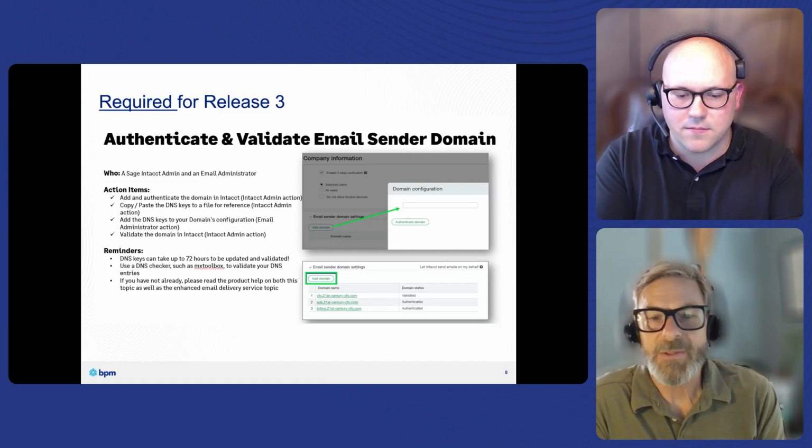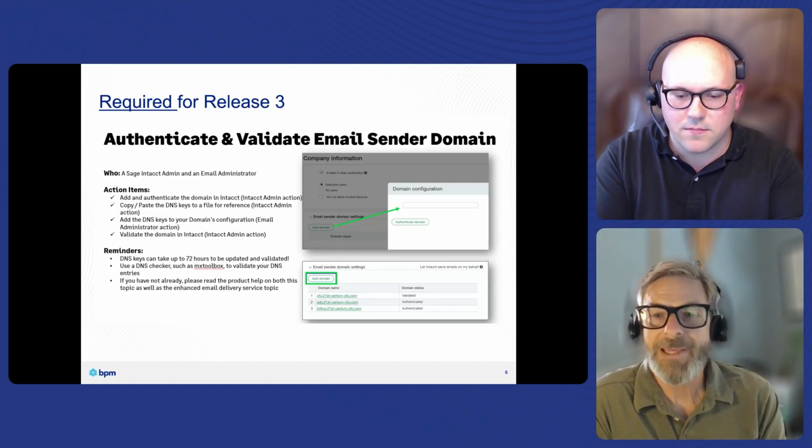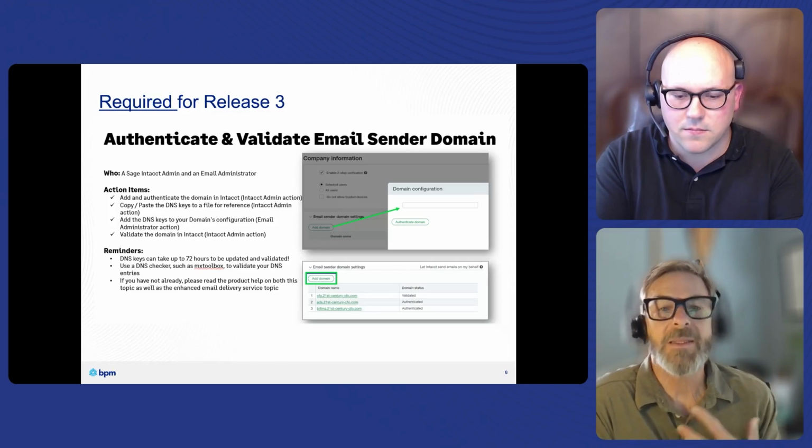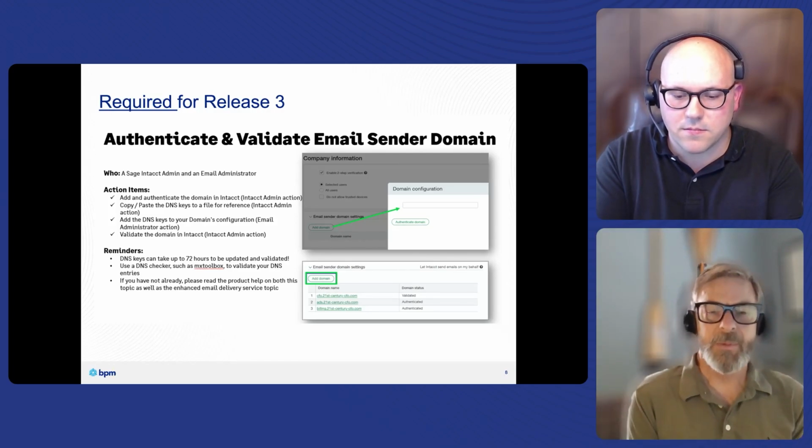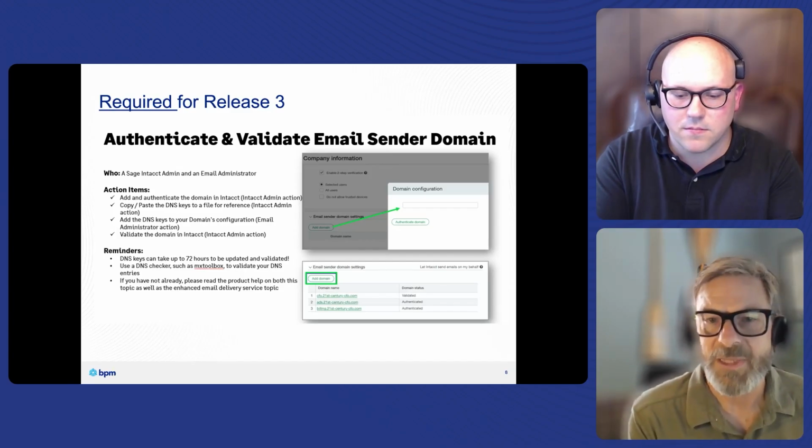What is very important for any company who's sending emails, whether that's payment notifications, invoices, statements, anything that an organization is sending out of Sage Intacct, will need to validate their sender domain.